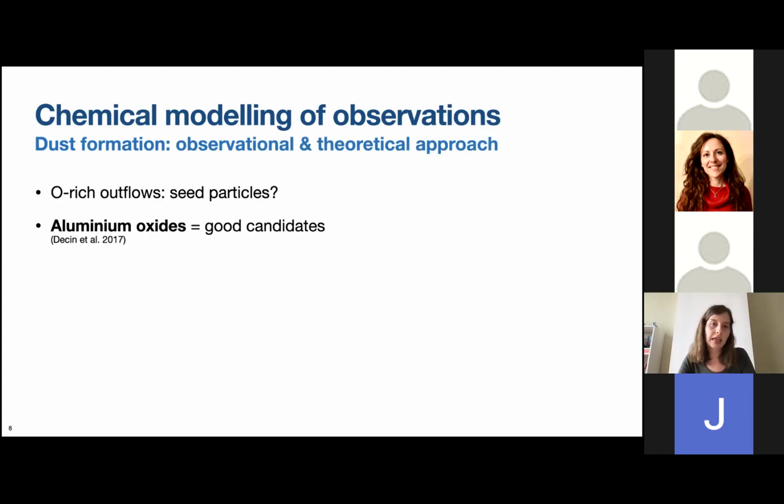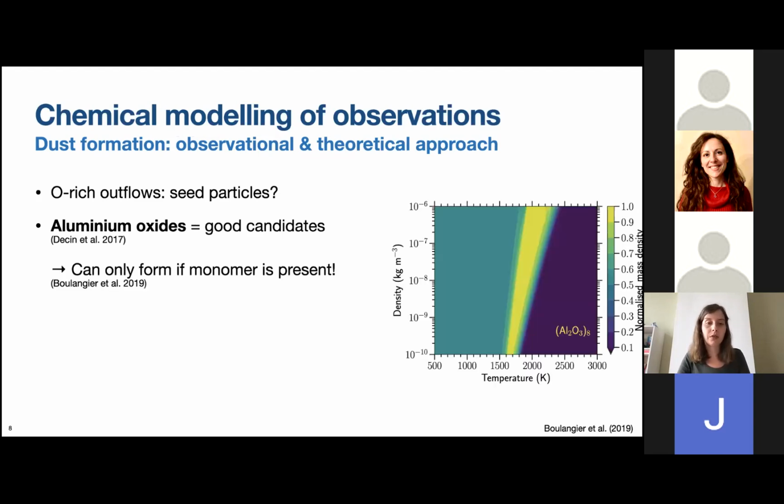Now, you can also take a more observational and theoretical approach regarding dust formation. I'm going to switch to oxygen-rich outflows because there the problem is even a bit more complex since we don't know what the seed particles are for oxygen-rich dust. Aluminium oxides appear to be good candidates based on observations, but when Jels Boulanger developed his hydrodynamical model, and he included dust nucleation as well, he found out that you can make aluminium oxide clusters, but only if the monomer is present.